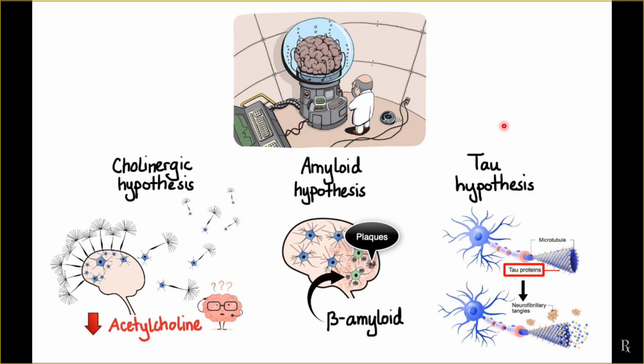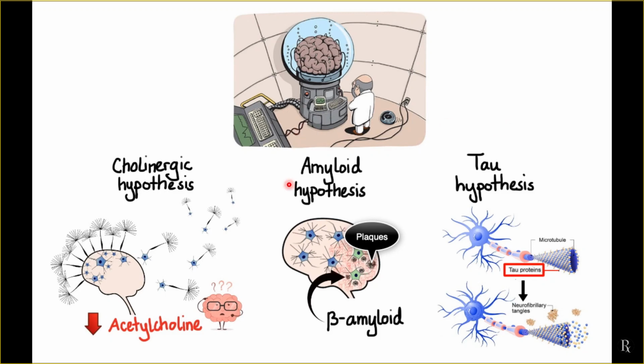So the first hypothesis is decrease in the acetylcholine in the brain. Alzheimer's disease is usually a neurodegenerative disease developed in old people that leads to the complete loss of the memory.